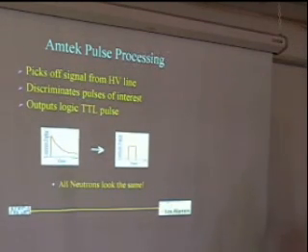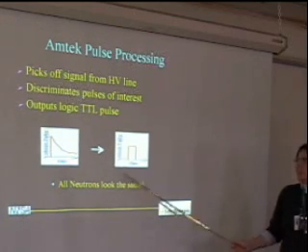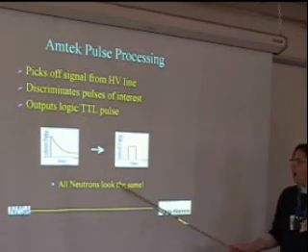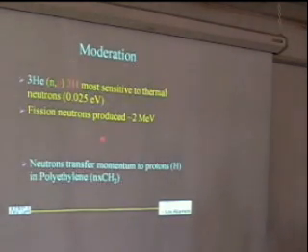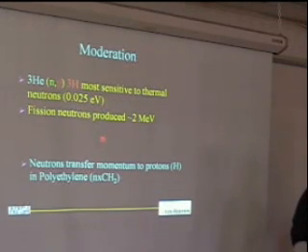One thing to keep in mind for neutron detectors, unlike gamma detectors, is that all neutrons look the same. So you're just interested in the number of neutrons, and you're not interested in the magnitude of pulses for the helium-3.